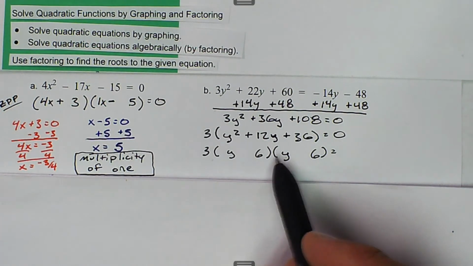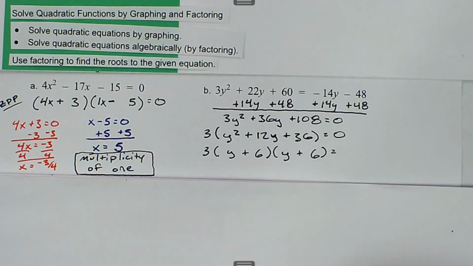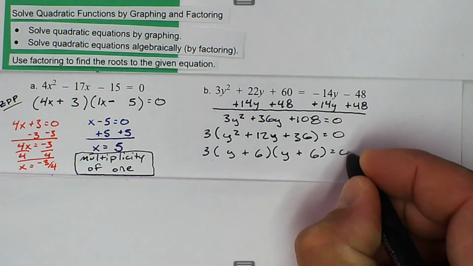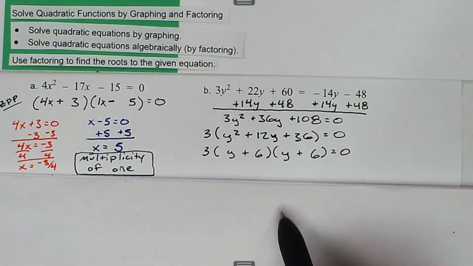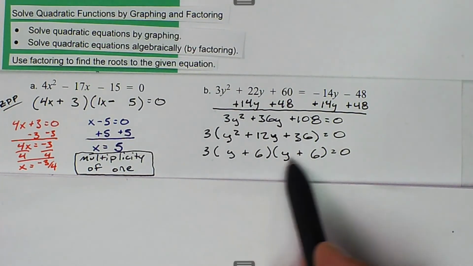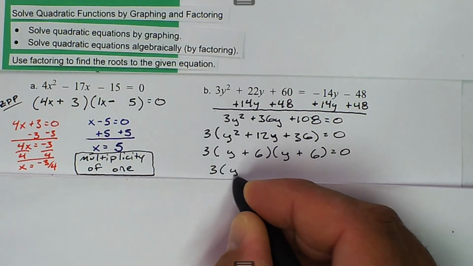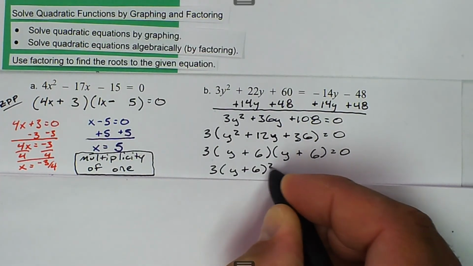In that case, they're both going to be addition. So y plus 6, y plus 6, still equal to 0. And then we understand that y plus 6 and y plus 6 can be rewritten as 3 times y plus 6 squared.